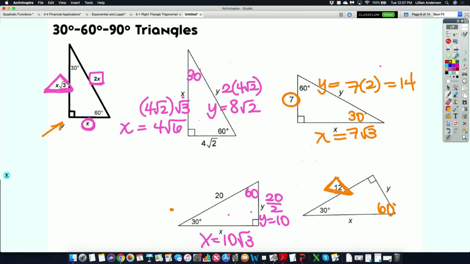To find this x, which corresponds to the shorter side, what do I have to do to that 12? I have to divide it by the square root of 3. Okay? Because technically 12 is equal to x square root of 3, based off of this triangle. When I solve, I divide both sides by the square root of 3. So then I'll have 12 over the square root of 3 is equal to my shorter side. I cannot have a radical in the denominator, so what do I do?